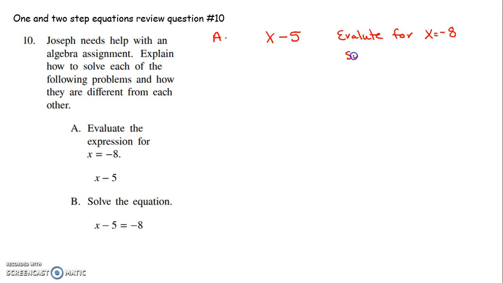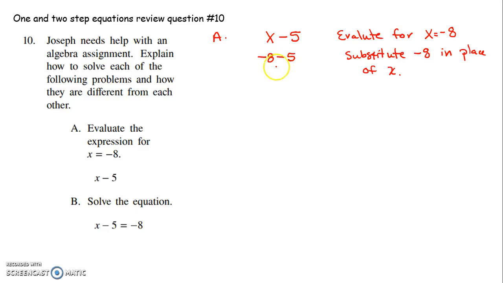That means we're going to substitute negative 8 in place of x. Instead of an x, we're going to substitute what they tell us x is. They say x is negative 8. So now we have negative 8 minus 5. Negative 8 minus 5. We're just combining like terms.